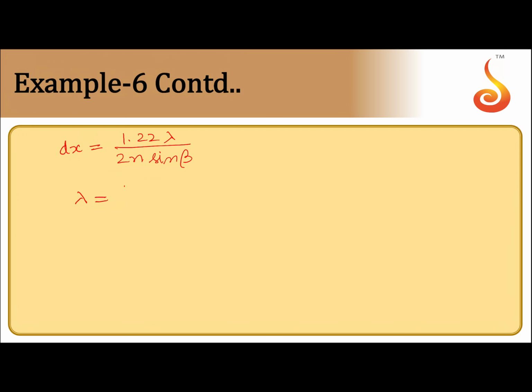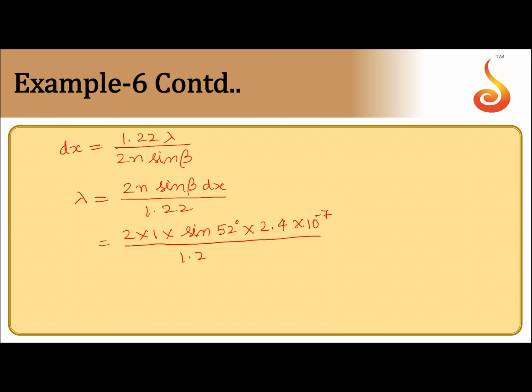Lambda is equal to 2n sin beta into dx divided by 1.22. So that will be 2 into, it's air, so n is equal to 1, sin beta is sine of 52 degree, and limit of resolution is given, it is 2.4 into 10 to the power minus 7, divided by 1.22.